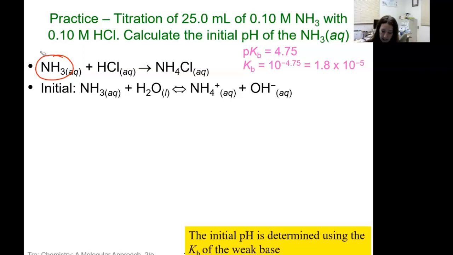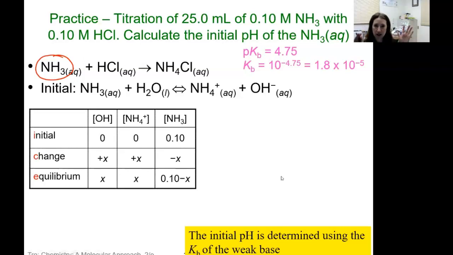Now, this is what we've been doing, the pH of a weak base. We've already been doing that a bunch. We've determined that all we have in here is our weak base, so we just do our ICE table, and I feel like everyone's good with these ICE tables at this point. We have our x, and we're going to assume x is small. Here's our Kb. We need to remember this is a weak base, so we must use Kb in our problem.